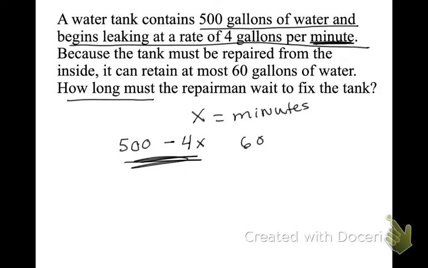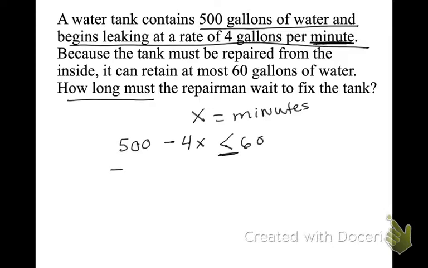So the water in the tank, we have to wait for it to get down to less than or equal to 60 because they can't work on it if it's more than. So when they say at most, it's really tricky, isn't it? You have to make sense of that. And so there's our equation.